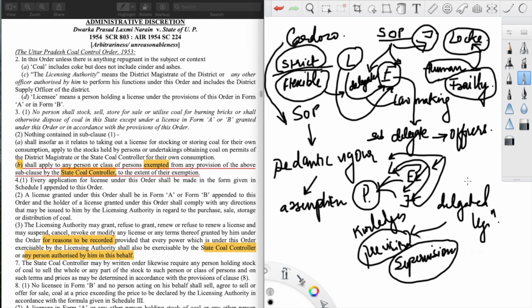Now, when such a delegation takes place, what is again to be remembered is that in a country like ours, the legislature is not a sovereign. We have discussed this in the earlier cases. It is, in a sense, a limited sovereign.